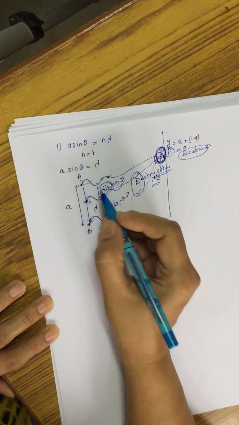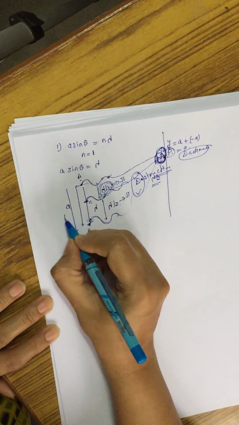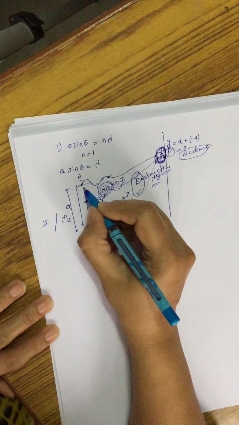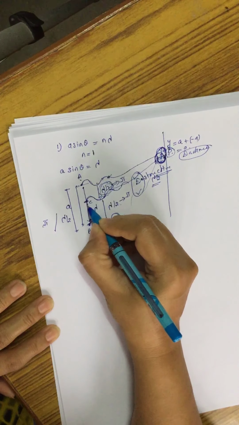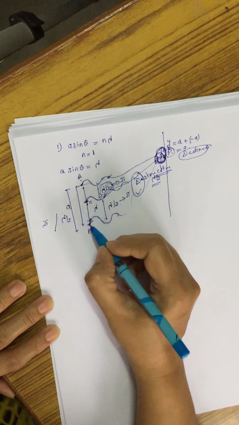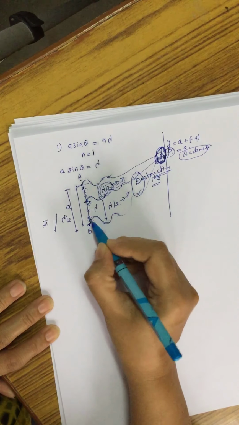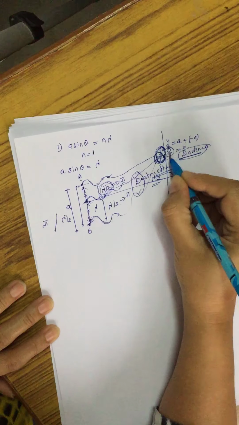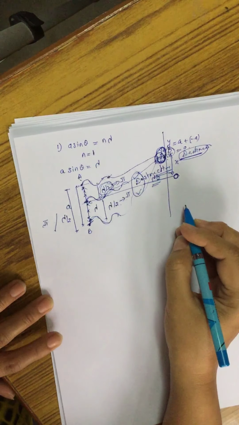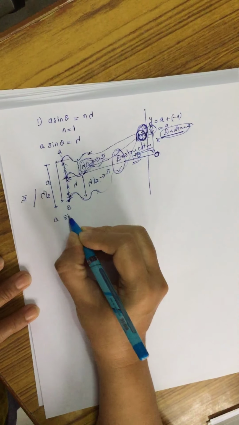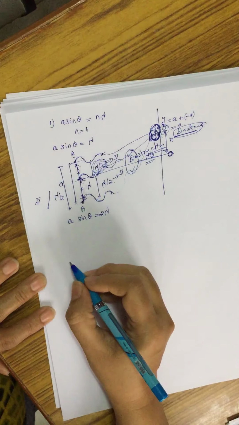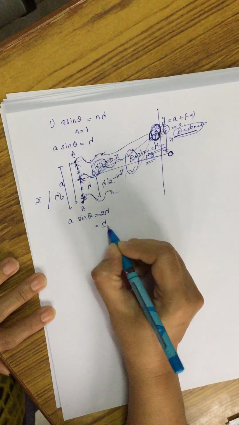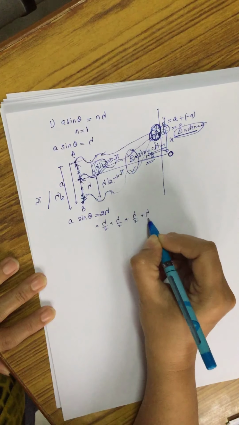Hence, due to the path difference of lambda by 2 or phase difference of pi, from A to B, all the waves coming between A and C or C and B will cancel out each other and we will get a dark fringe at the point P at a distance of x from the center of the screen O. Similarly, if a sin theta is equal to 2 lambda, again we will divide this slit into 4 parts, and due to this we will again obtain destructive interference.